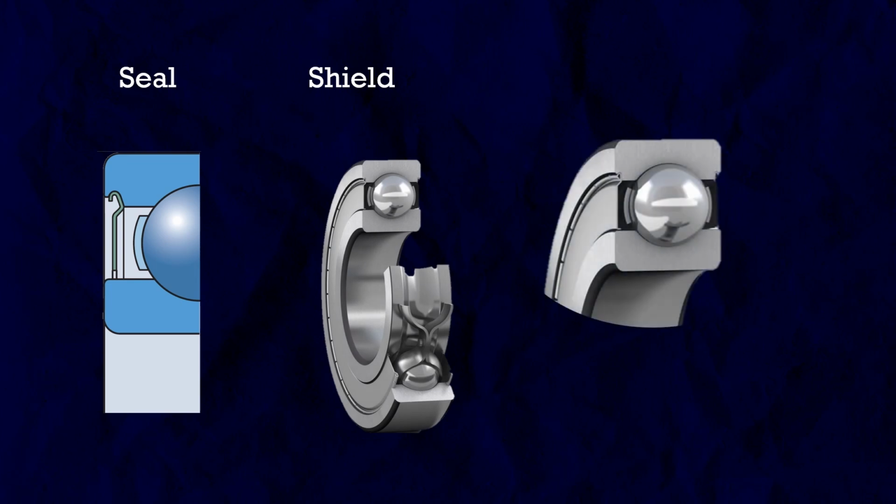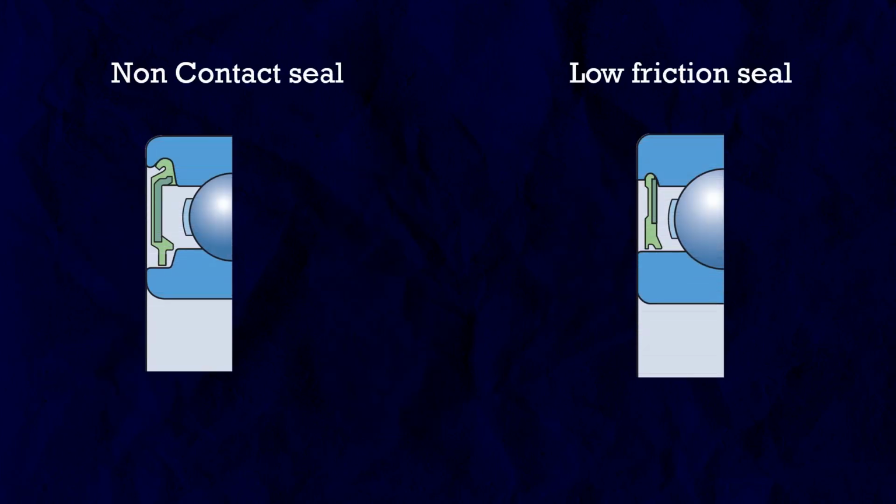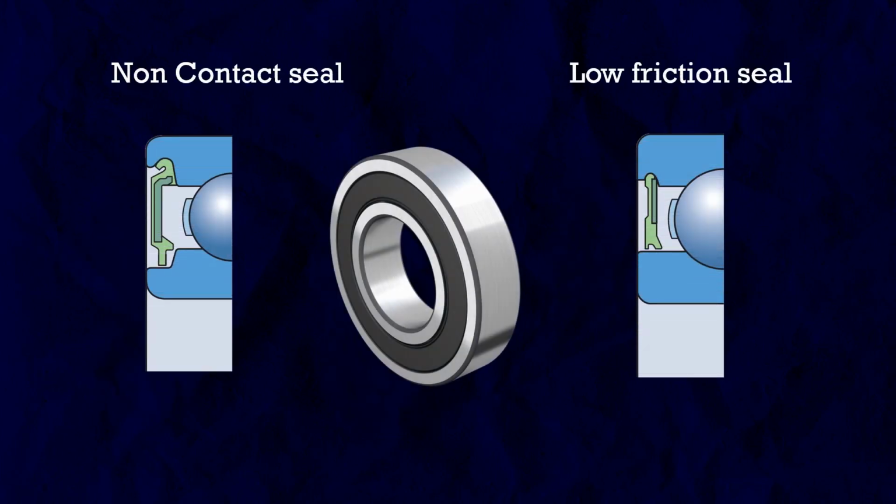In this seal, we get a small gap between the seal and the inner race. We use this seal where the operating environment is relatively clean and low friction is required. Or for low friction, we can also use a low friction seal or non-contact seal for further improvement of speed.